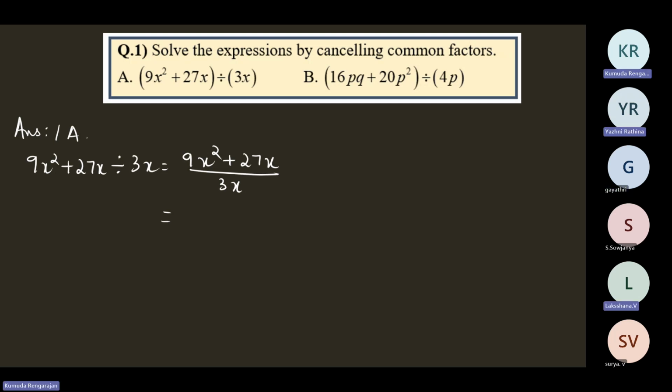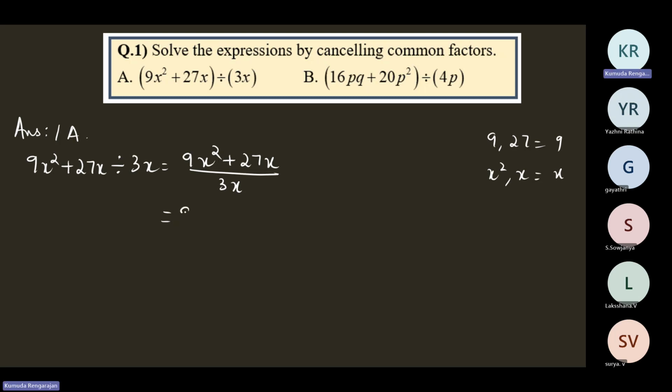Two terms. What is the HCF of these two terms? 9x. The HCF of 9 and 27 is 9, and the HCF of x squared and x is x. The smallest power, the least power, will be the HCF.